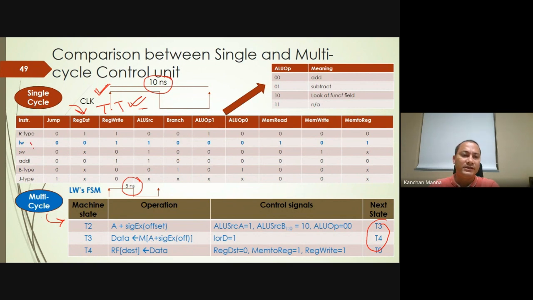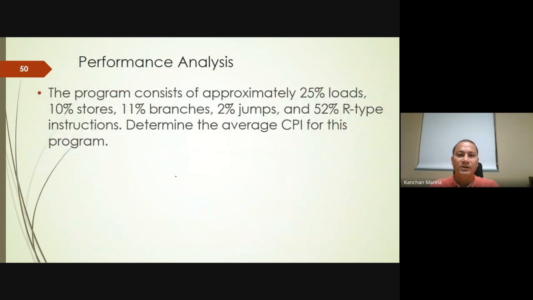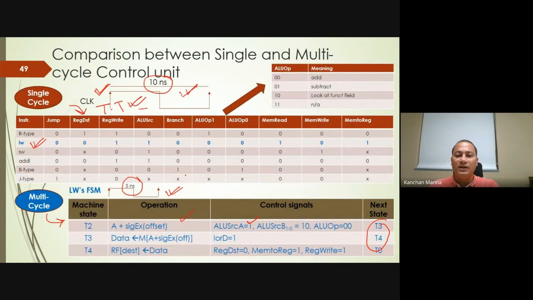For single cycle, the control table is nothing but the truth table. However, for the multi-cycle based processor, the control table is nothing but the state table. And the clock period would be more in the single cycle one, while for the multi-cycle one the clock period would be shorter. Now let's see some problems.